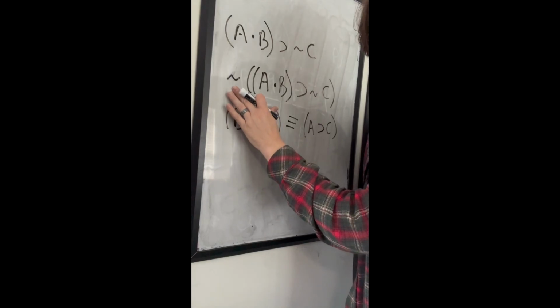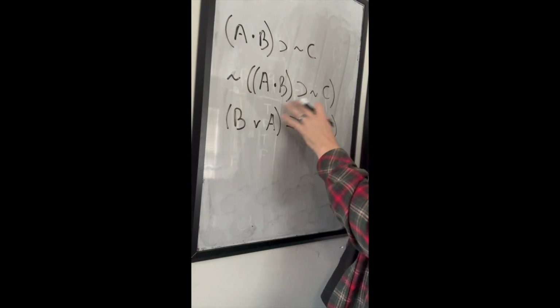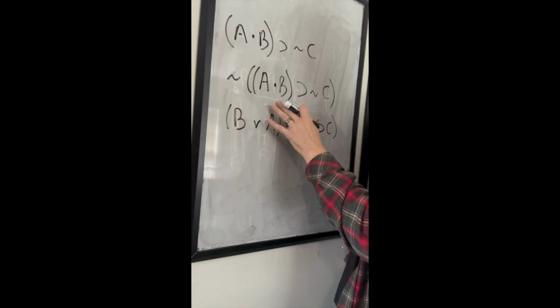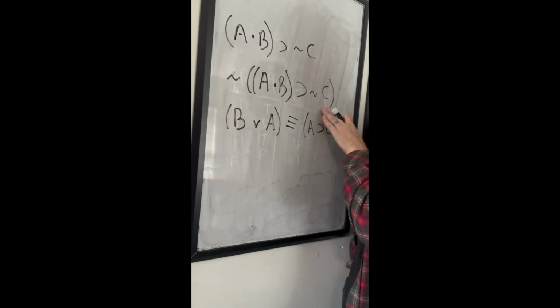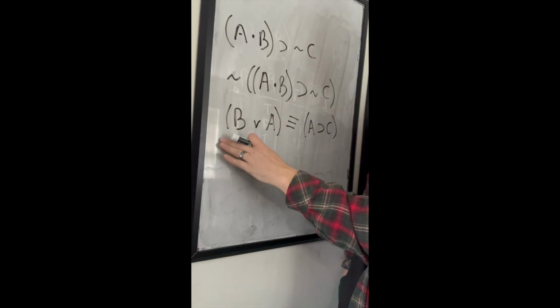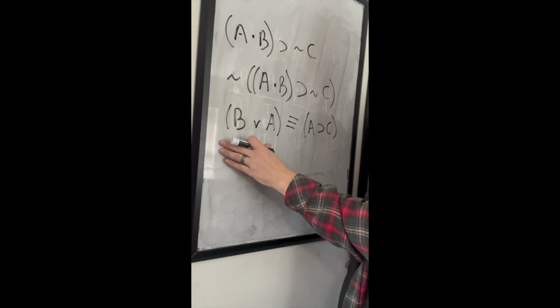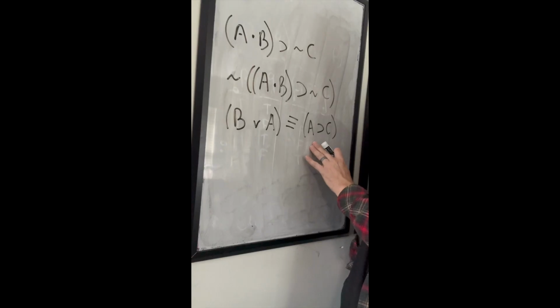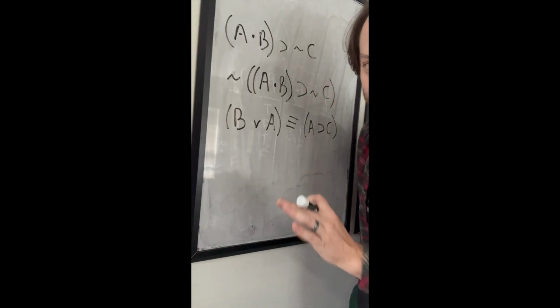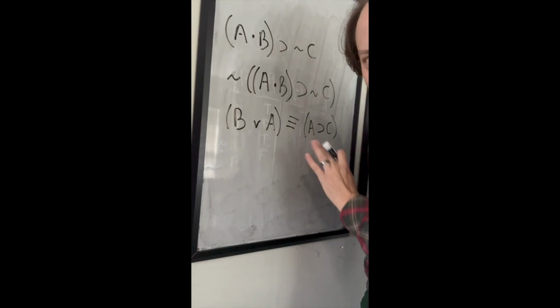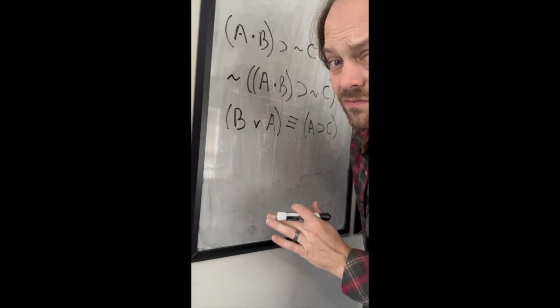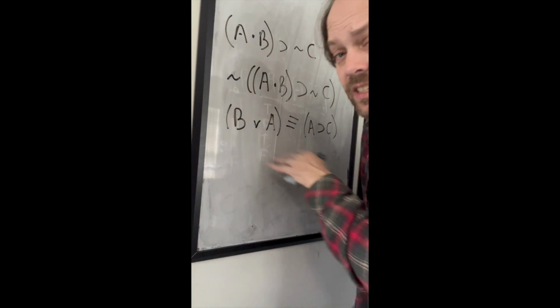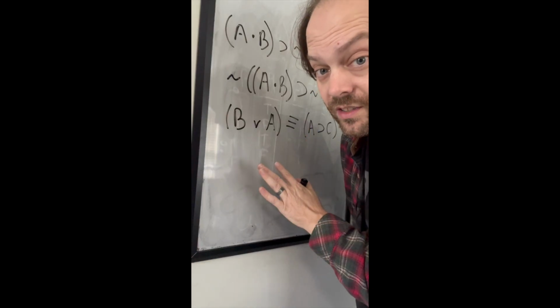Here, it's not the case that if both A and B, then not C. Here we have B or A, if and only if A, then C. Okay, now, grammatically speaking, that's a mess, right? And there's lots of ambiguity when we're just using the words, for sure.